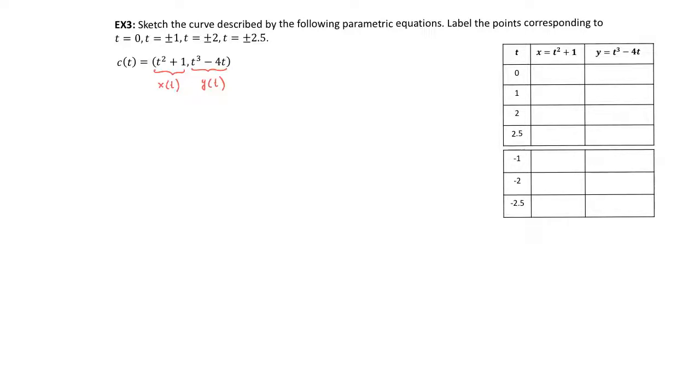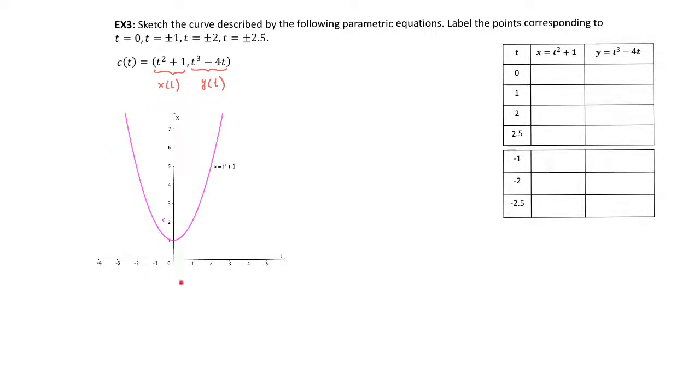And just as in the previous two examples, the first thing that I'm going to do is to analyze in the traditional sense the graph of x of t and the graph of y of t, because I want to be able to know the interval for the x values and the interval for the y values before I sketch my curve. And then after that, I will see if there's any type of symmetry in this particular graph, because that's also very helpful.